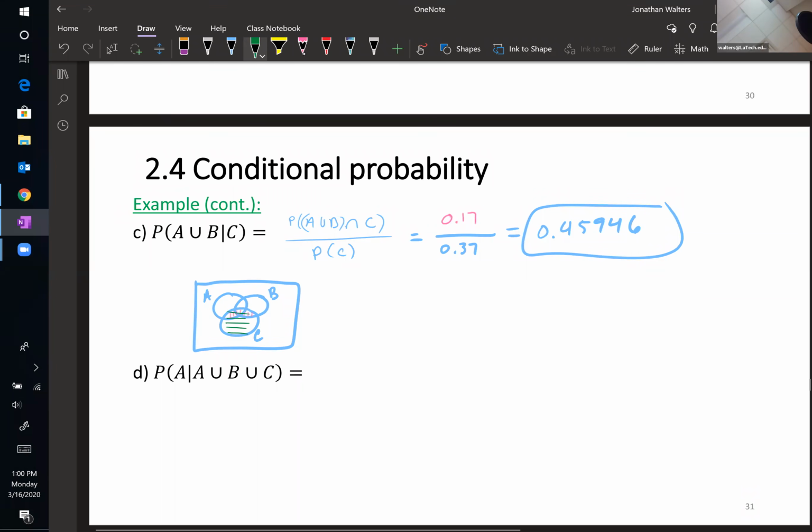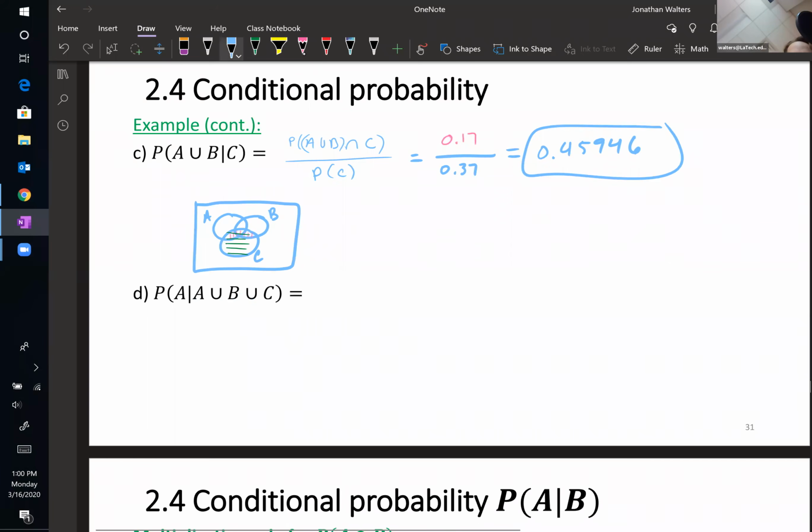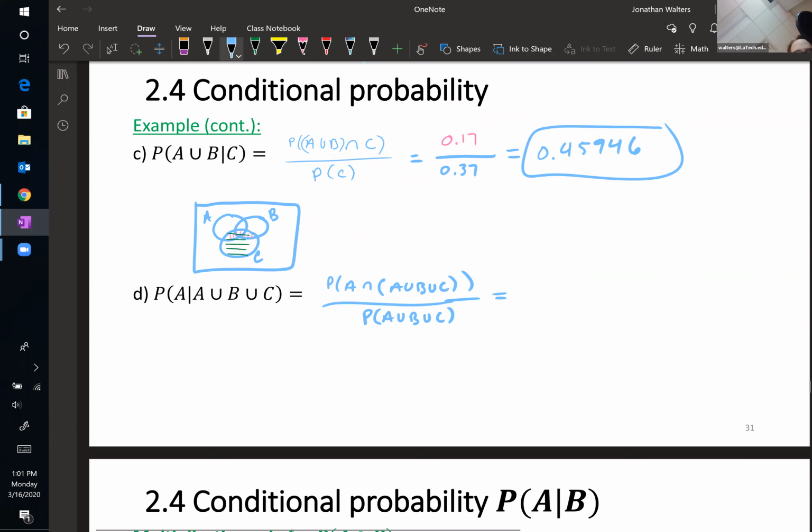Probability of A given A union B union C. That's going to be the probability of A intersected with A union B union C over the probability of A union B union C. A intersected with A union B union C should just be A. If you think about that, we have A, B, and C, and all three would basically be the green.